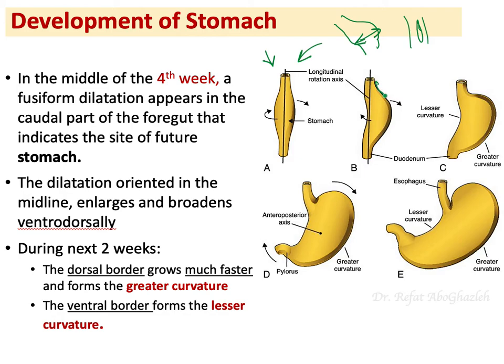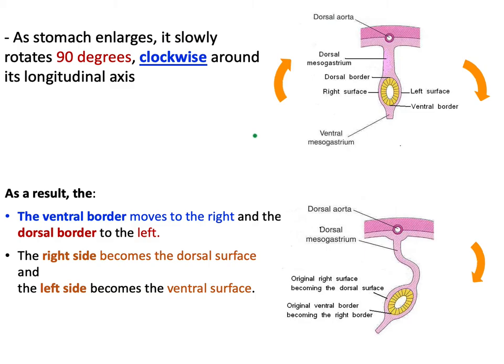So the dorsal border, of course, you are looking at the stomach laterally, grows faster, creating the greater curvature, while the ventral border will form the lesser curvature.